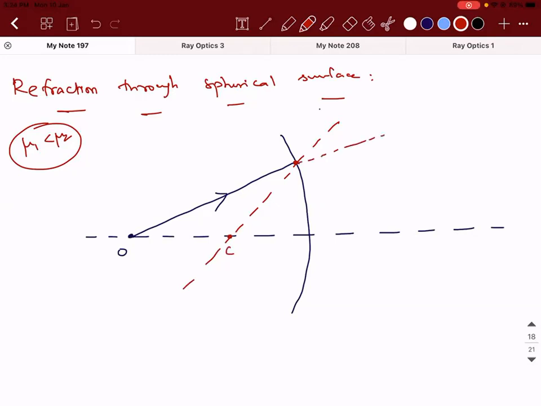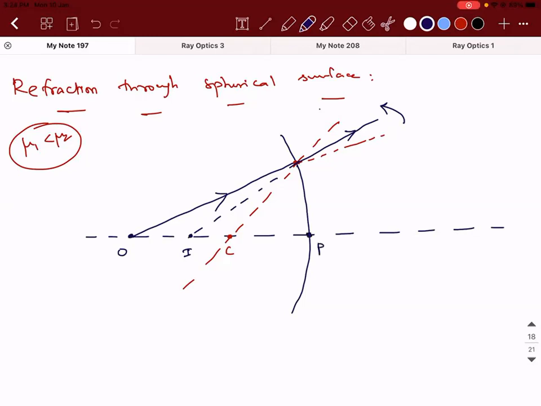And this would be the actual path. So the ray will start bending like this, as a result of which you will get the image formed here. Clear? Because the ray will start turning in the anti-clockwise direction. Right, this is where the image is formed.